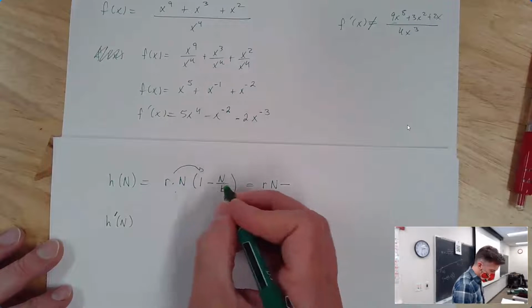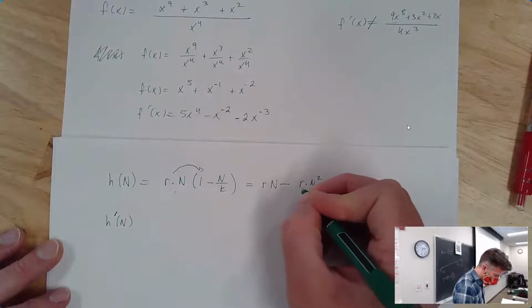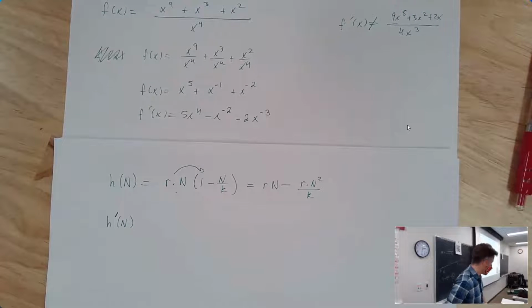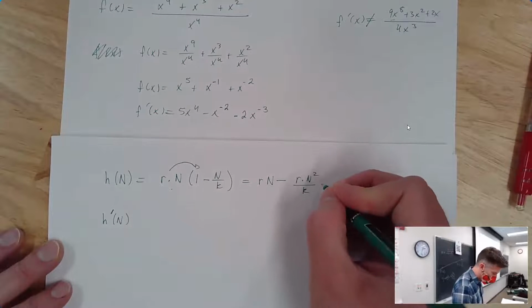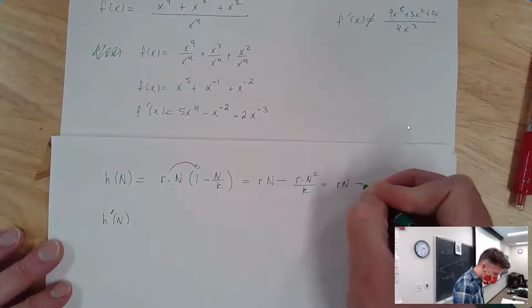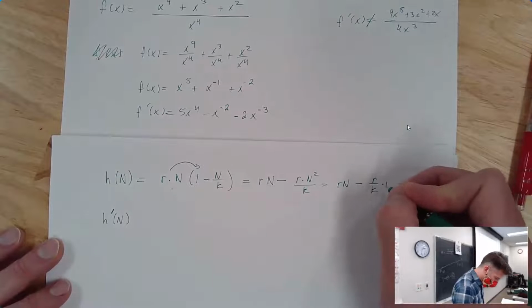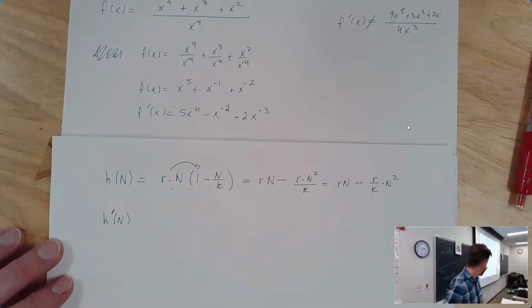And rn times -n over k is going to be minus r times n squared over k. And I really think it's in our interest to think of this not as a quotient, but as r over k, the constant, times n squared.